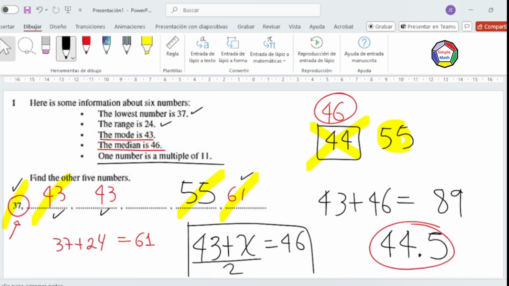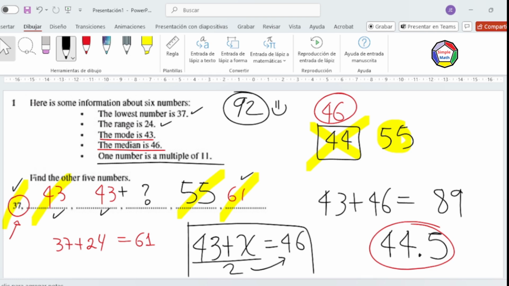So we can solve it as an equation by moving the number 2 to the other side. 46 times 2 is 92. So 92 is the result of adding these two numbers. So 43 plus a number must be equal to 92. Yes, if I divide 92 by 2, the answer is going to be 46.